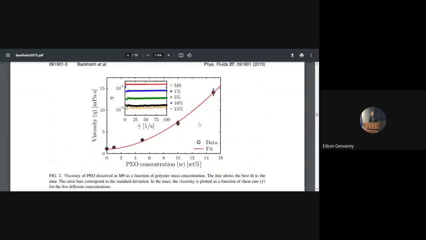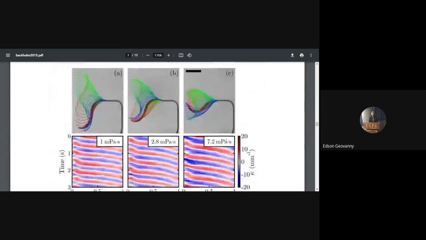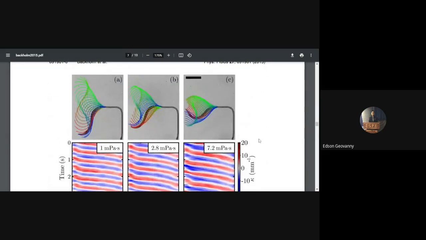In this part, the viscosity of the fluids was measured in 5 different solutions: M9, 1%, 5%, 10%, 15%. Here the viscosity is measured as a function of the mass concentration. And in this part, the kinematic swimming of C. elegans is shown with increasing viscosity in optical microscopy images of the worm during swimming.